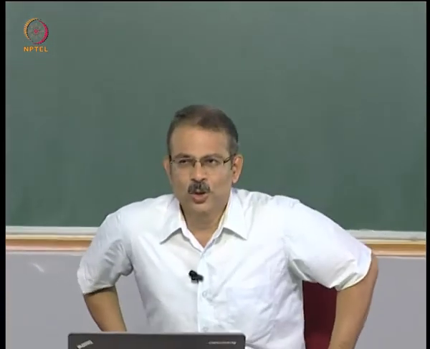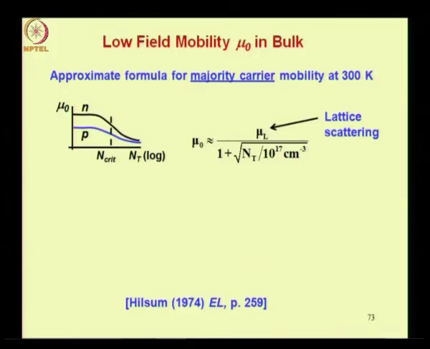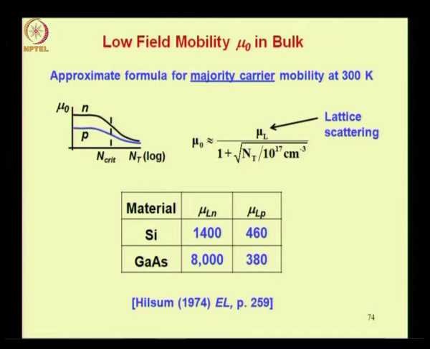Now let me show you what are the values. So for silicon, the mu suffix L for electrons is 1400 centimeter square per volt second.